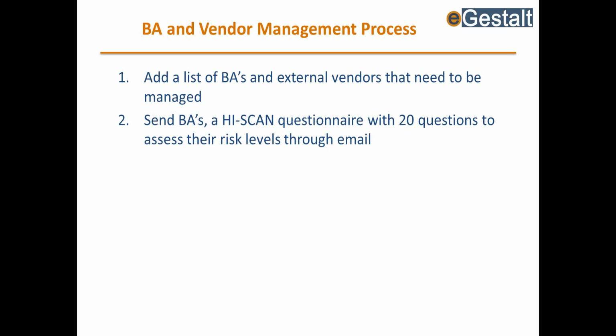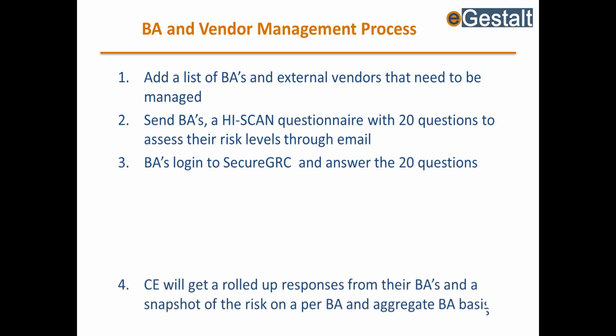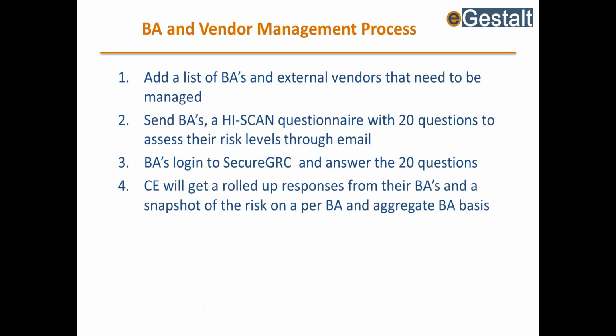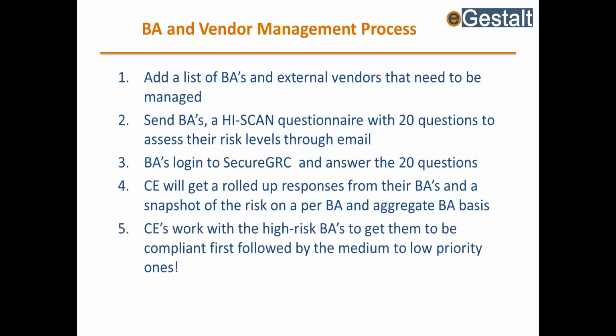Typically a covered entity might have anywhere between 5 to hundreds of BAs depending on its size. By sending out these 20 questions, the BAs can answer them, and the covered entity would get a high-level view of which BAs are high risk, which are medium risk, and which are low risk. Based on that determination, the covered entities can then pursue the high-risk BAs first by moving them towards compliance, followed by the medium-level and the low-risk BAs.